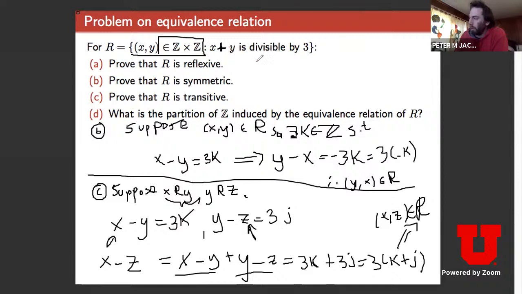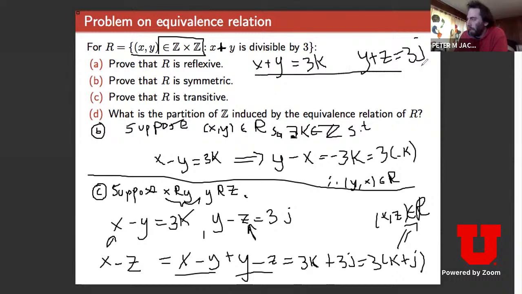Do we just treat the same, add and subtract y? Okay, so now we're saying that x plus y equals 3k and y plus z equals 3j. And we want to show that x plus z is a multiple of 3. So this may not be true. We have to think about it a little bit.